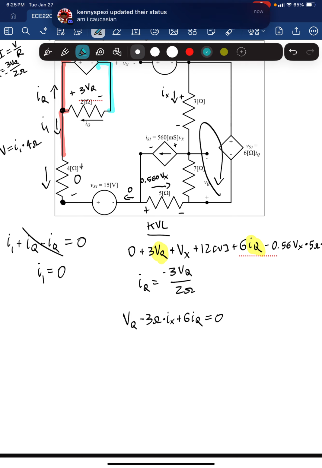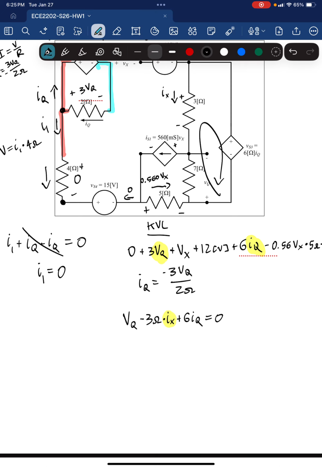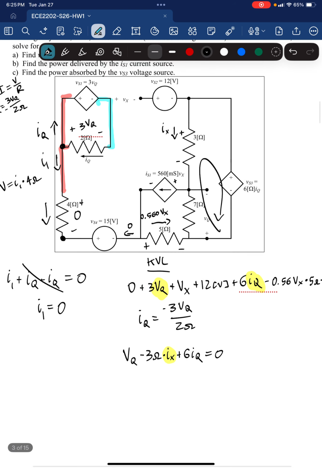And as we can see, we have a new variable Ix, which means now that we have a fourth variable, we're going to need a fourth equation. But there's an easy way to write out an equation for Ix.